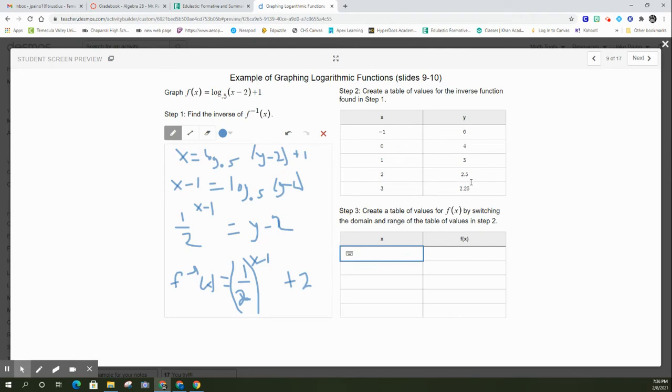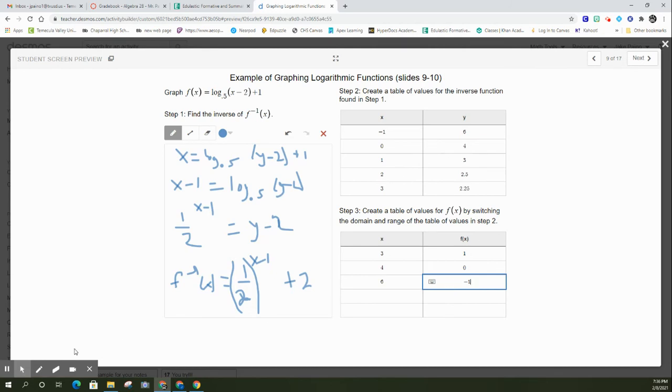My y's become my x's, and my x's become my y's. Now I like to always go in order from least to greatest, so I'm going to type in 3, 4, 6. Sorry, I don't know why I said 5. 3 was with 1, 4 was with 0, and 6 goes with negative 1.